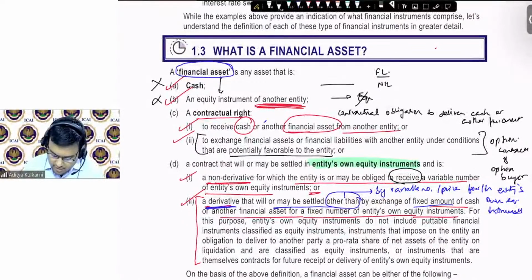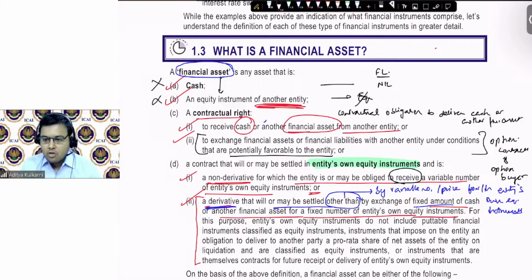A financial asset is any asset that is a contract that will or may be settled in entity's own equity instrument. Okay. So now you are in a position to receive your own equity instruments and is a derivative that will or may be settled other than by exchange.